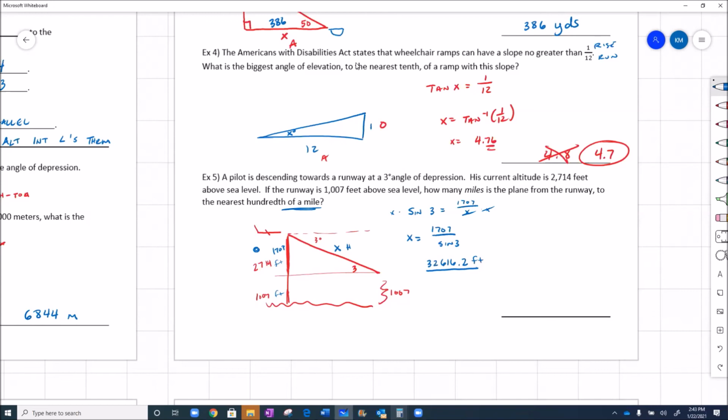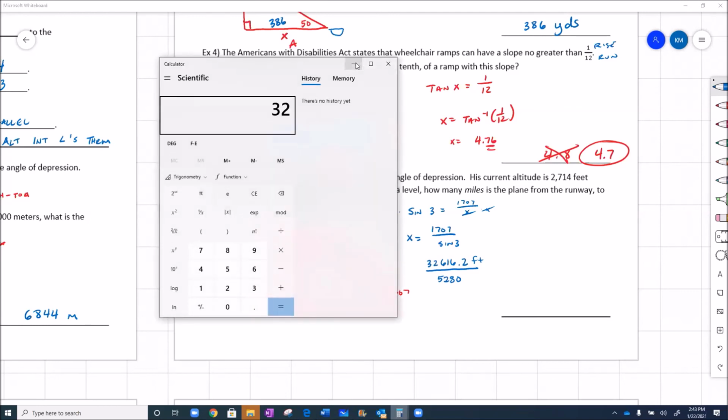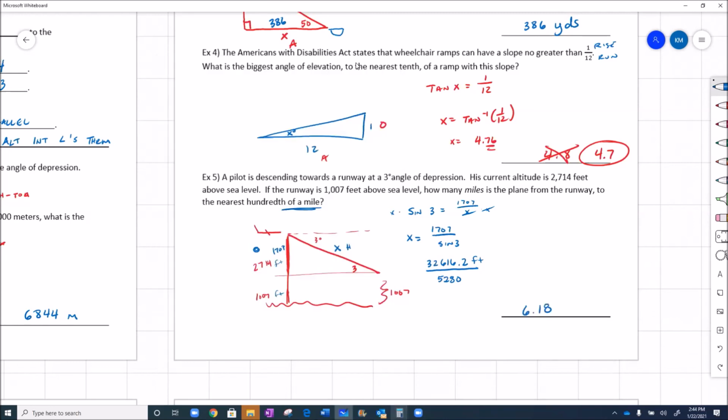There are 5,280 feet in a mile, so I'm going to divide 32,616.2 by 5,280. And that gives me 6.177, or 6.18 miles.